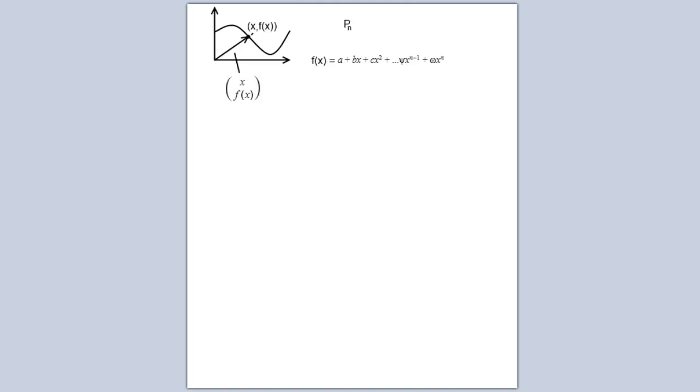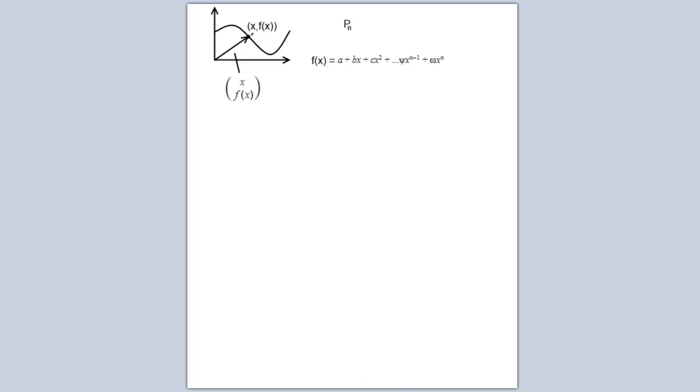The general vector, in air quotes, in Pn is given by f of x is equal to a plus bx plus cx squared, and so on up to psi x to the n minus 1 plus omega x to the n. I've used psi and omega here because they're the last letters of the Greek alphabet, not because they're some defined position.